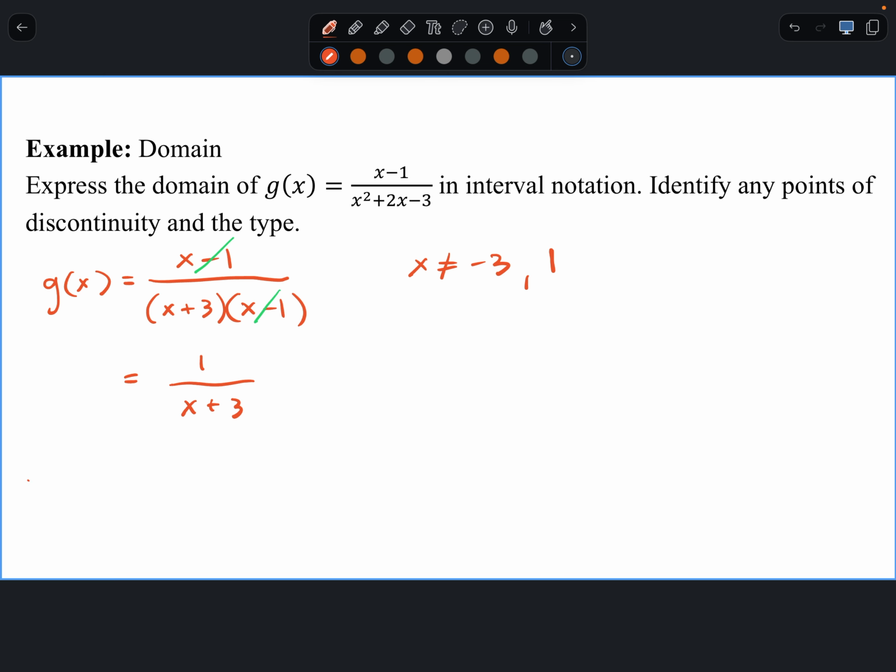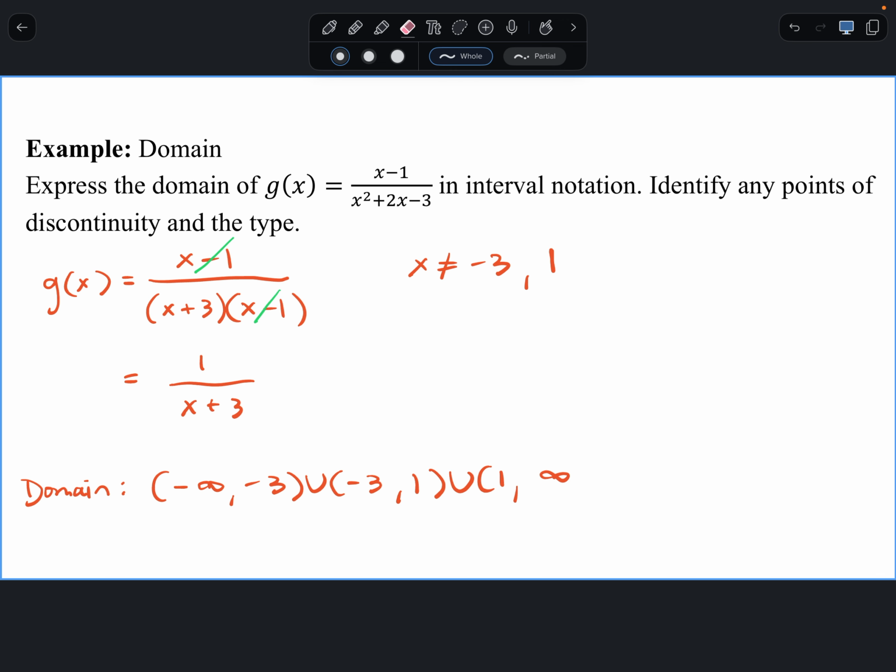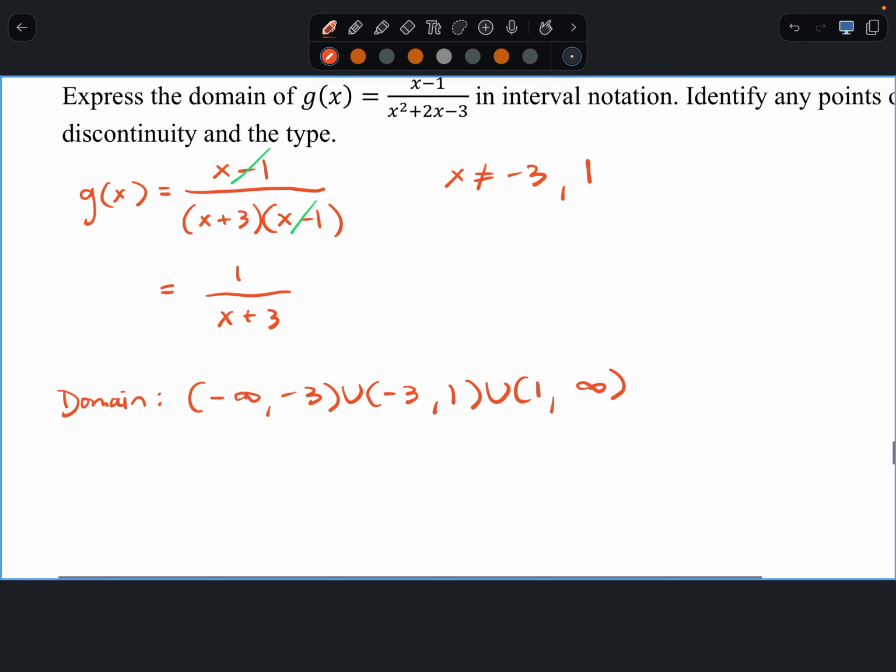Taking a step back, let's state our domain for g. Negative infinity to -3, union -3 to 1, union 1 to infinity. We've seen the graph looks like 1 over x plus 3, right? 1 over x shifted left 3.